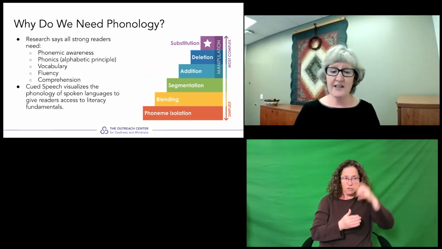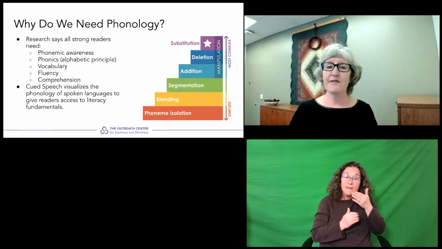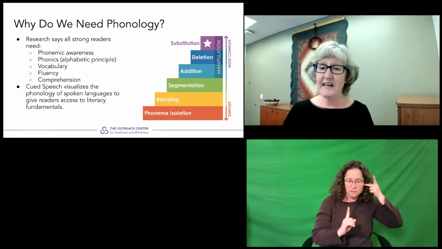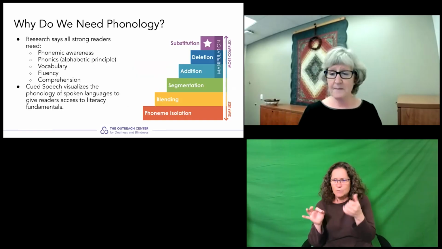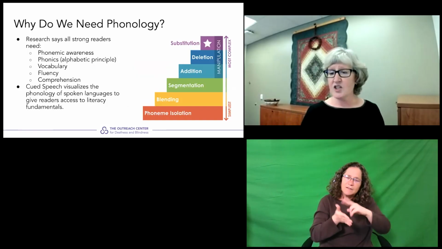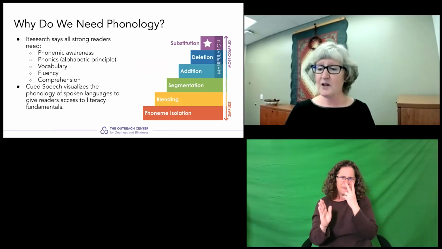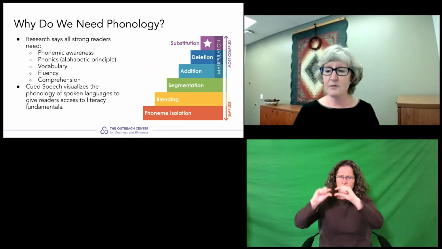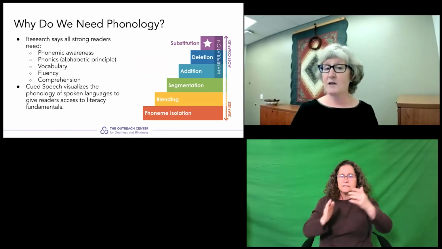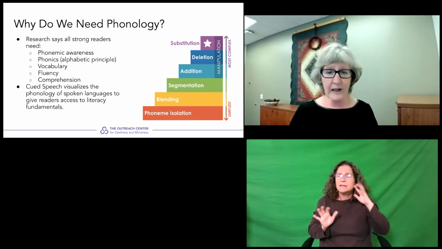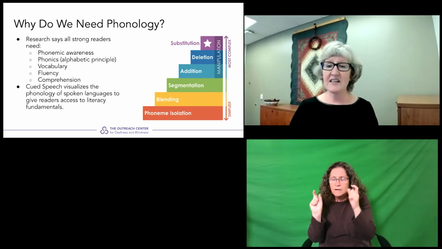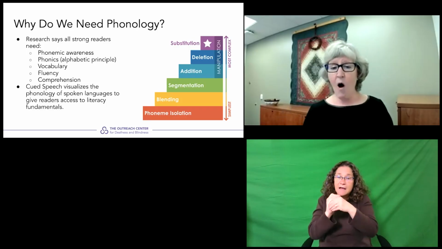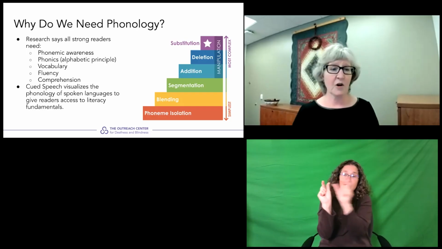Cued speech provides us the ability to visualize the phonology, the sound structure of any spoken language, to give readers access to literacy fundamentals. There's an image here, a chart of basic phonemic awareness skills going from simplest to most complex, starting with phoneme isolation, blending, segmentation, addition, deletion, and substitution. All of these skills can be targeted with cueing.